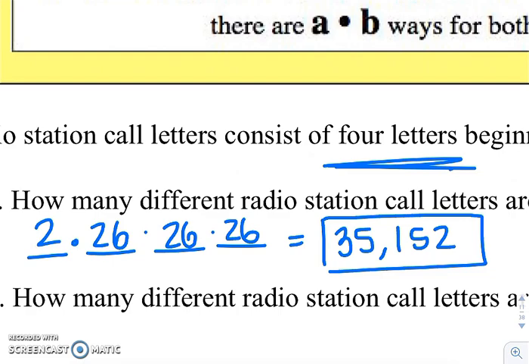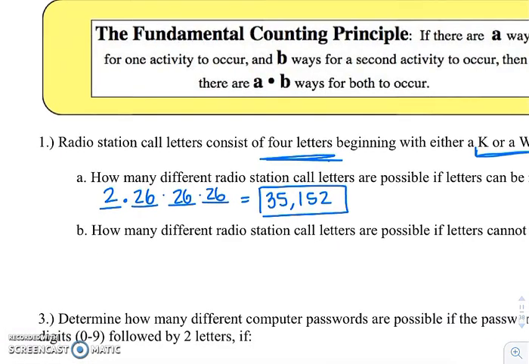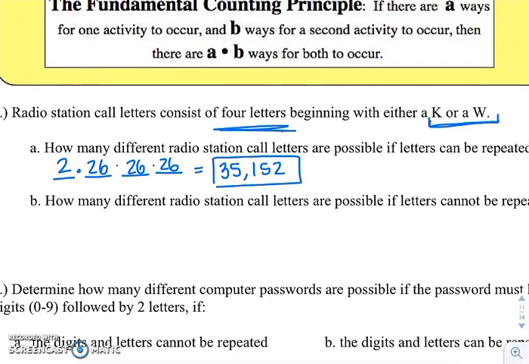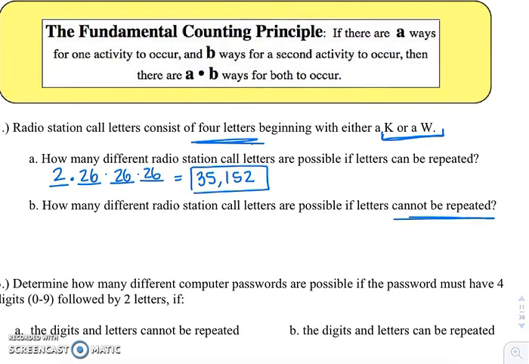Then it says, how many would be possible if they cannot be repeated? That's the difference between these two. We're still using 4 letters, and the first one is still a K or a W, but now for the second spot, we can't repeat something we already used.